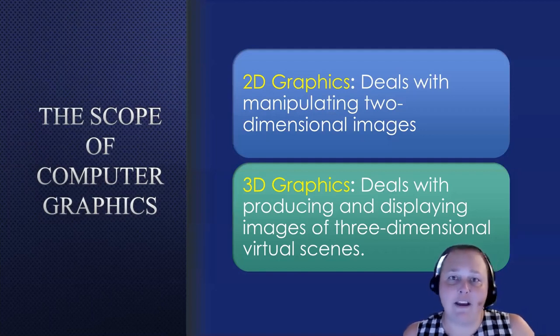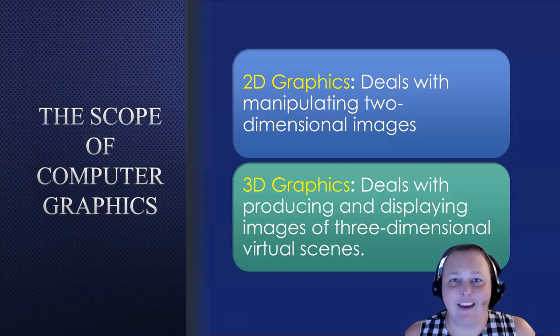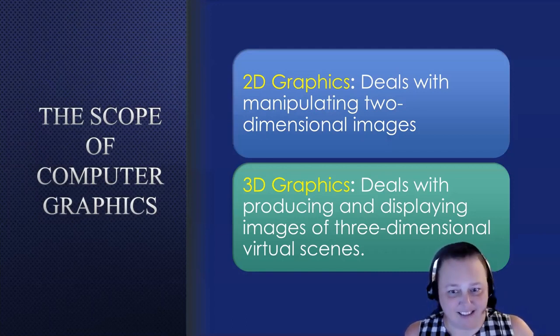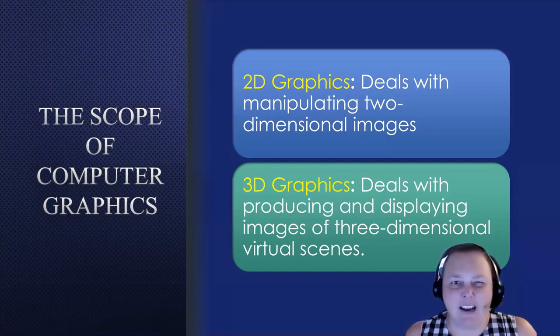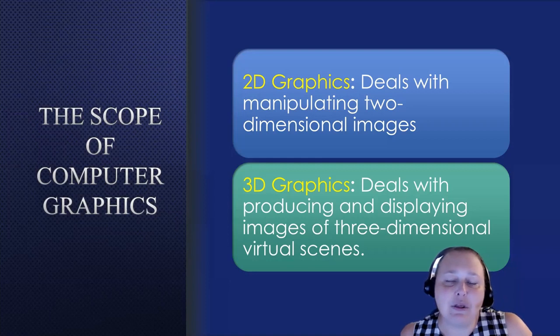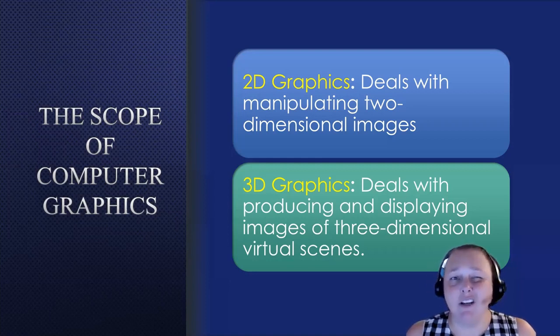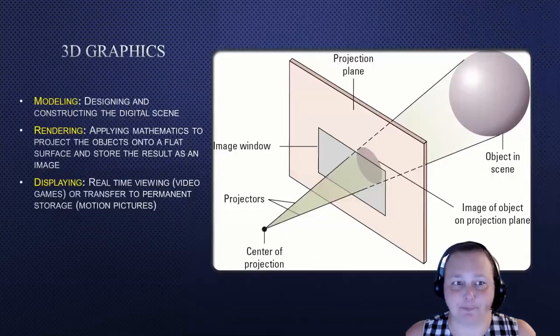A 3D graphic, now we're starting to deal with manipulations of all 3 dimensions while we're trying to display any kind of image. When we're going into 3D graphics, we are starting to go more into virtual scenes. So it's not just a flat picture anymore, but there is a depth to it, and it is more immersive when we're looking at 3D.